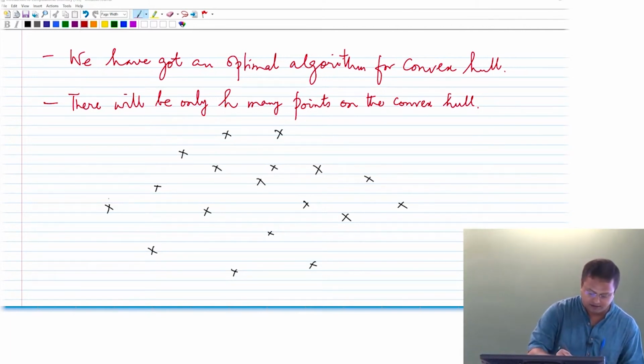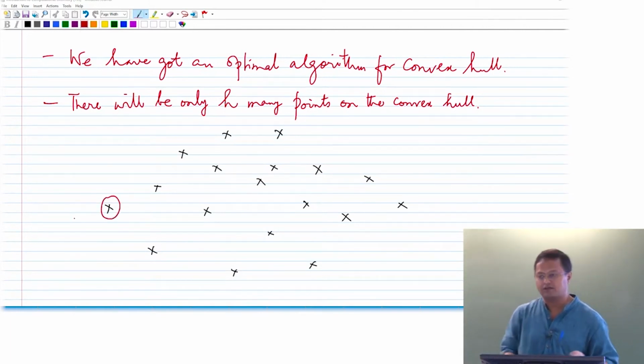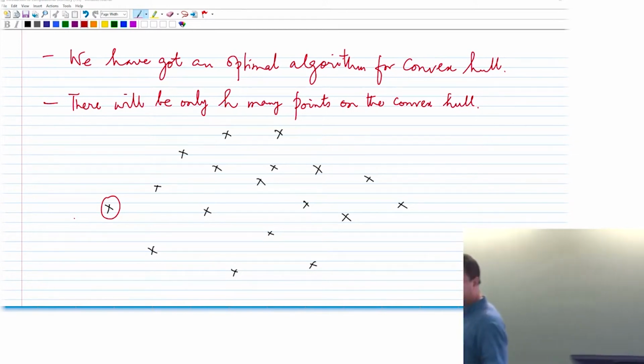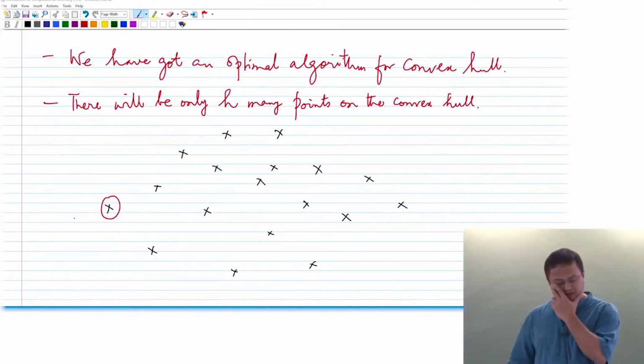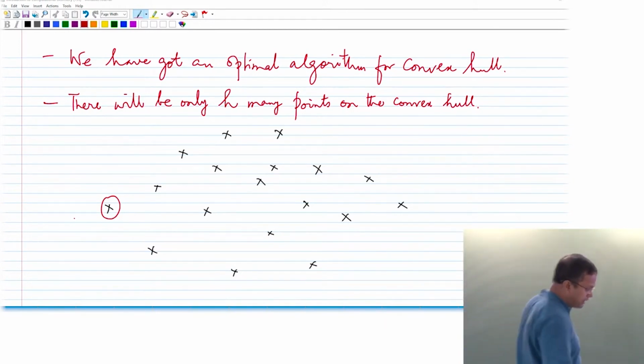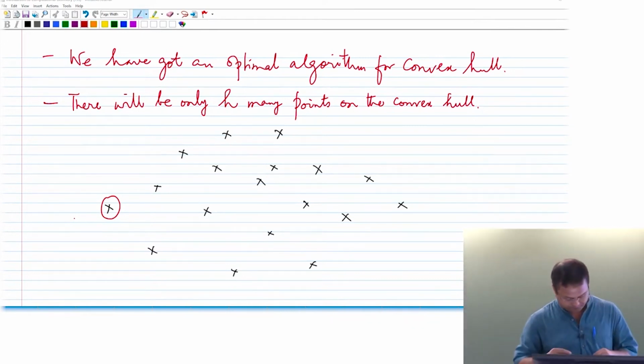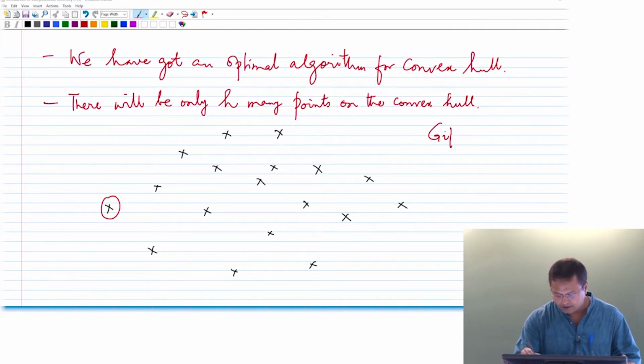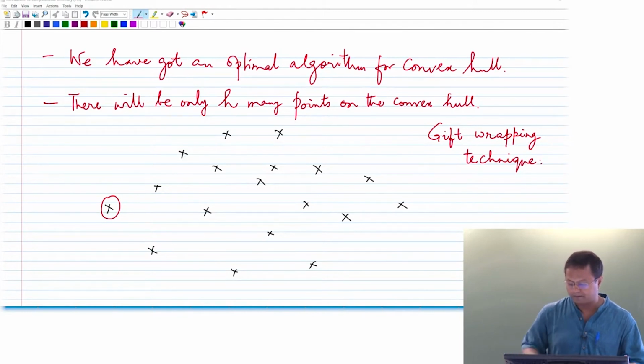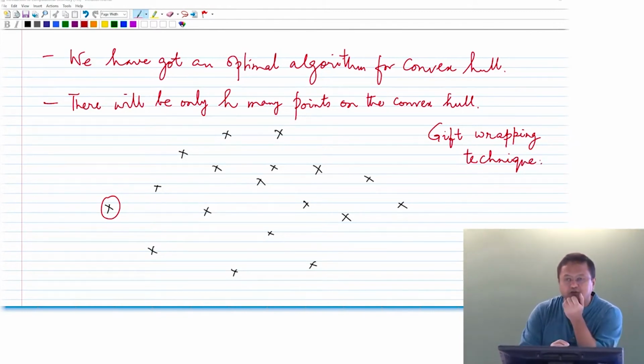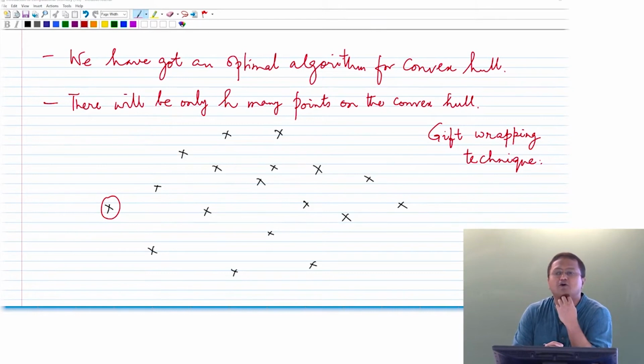I am sure of this point, this has the minimum x coordinate, and so the technique that is going to be used for this is known as the gift wrapping technique. So, let us try to figure out the next point of which we can be sure.